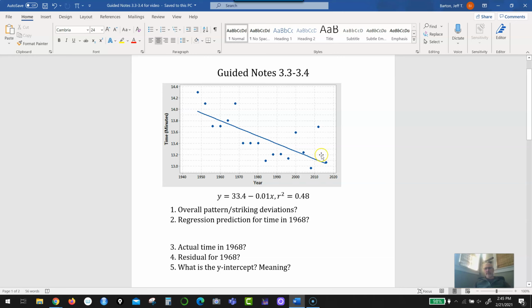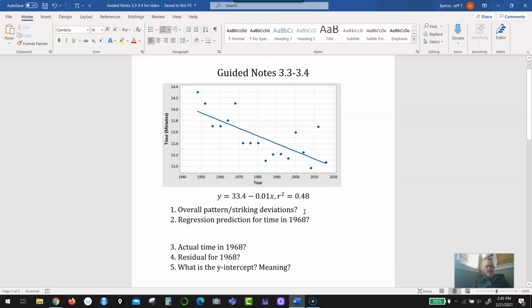And there aren't really any striking deviations, although this point here at about 2012 is a little bit iffy. If this was a quiz problem and you flagged that point as being a striking deviation, or if you didn't flag it, they'd probably both be okay. I would not call that a striking deviation.